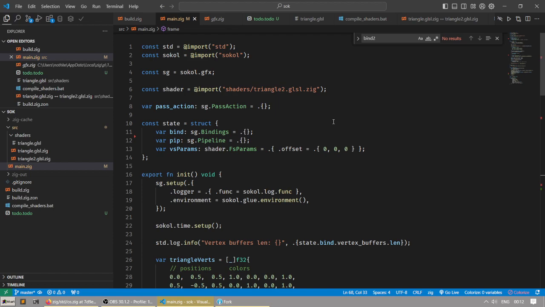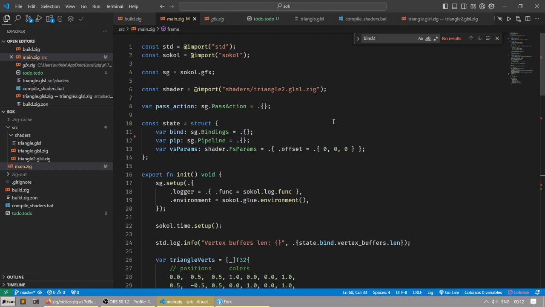Textures in Vulkan are done per stage. Textures. Yeah, I'm wondering about textures. Are textures just buffers in Sokol as well?